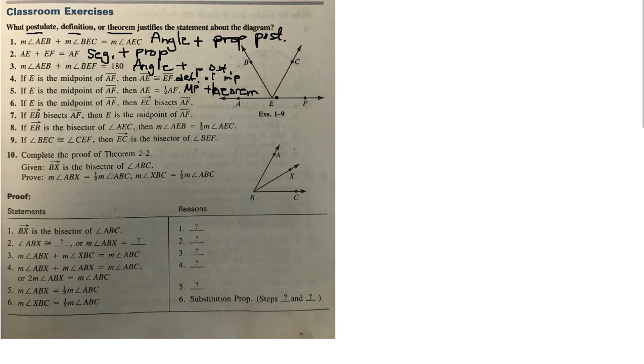So let's look at this. If E is the midpoint, then ray EC bisects AF. So this is just the definition of bisector. Number 7, it says if EB bisects AF, then E is the midpoint of AF.